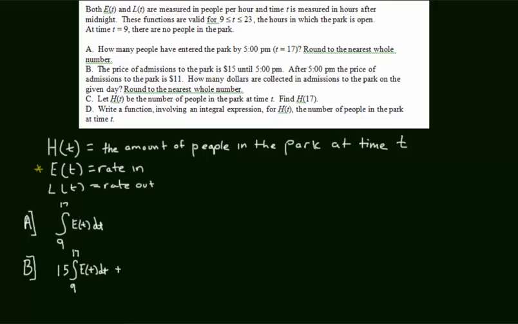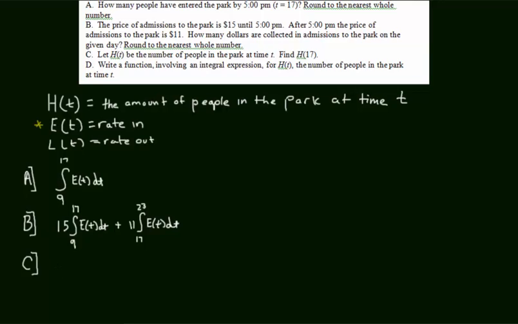And then we're going to add to that $11 for all the people who entered between the hours of 17 and 23. So the integral from 17 to 23 of E of t dt gives us the number of people, and then this entire expression gives us the amount of money that was collected.